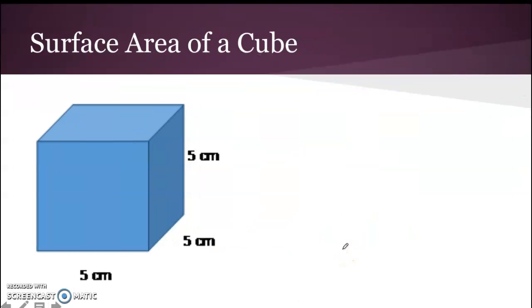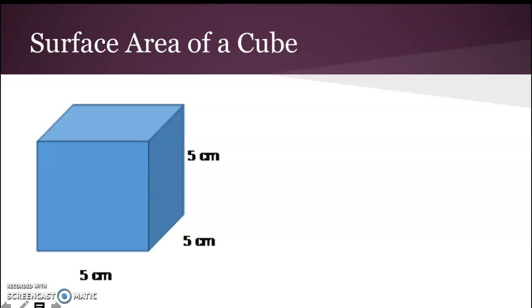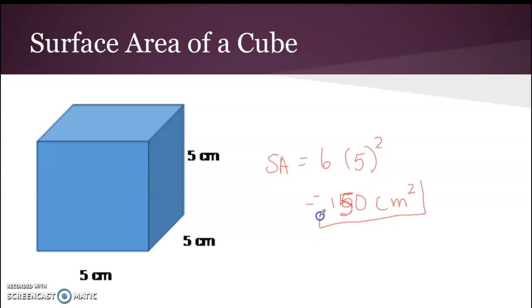If I tell you a square has a side of 5 centimeters, then, sorry about that, the surface area will be 6 times 5 squared. Plug that in your calculator and you'll get 150 centimeters squared because it's surface area.